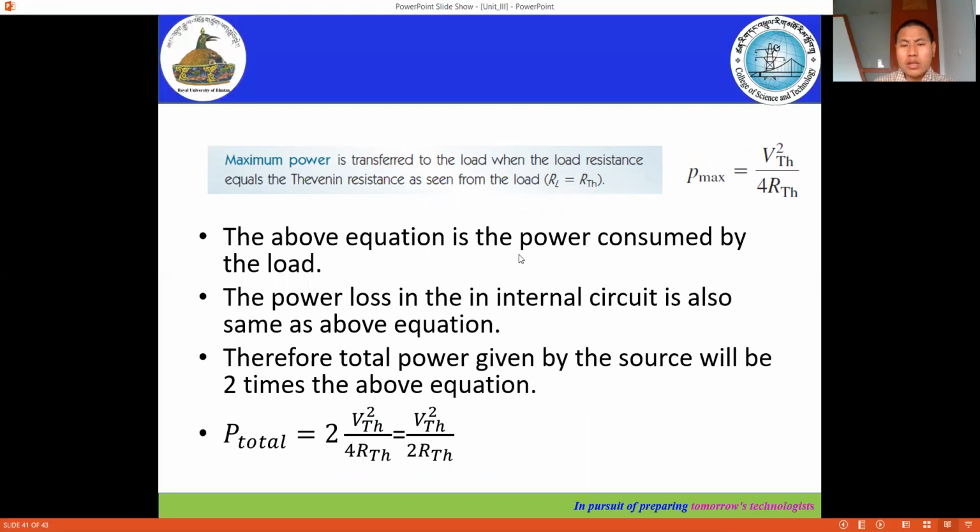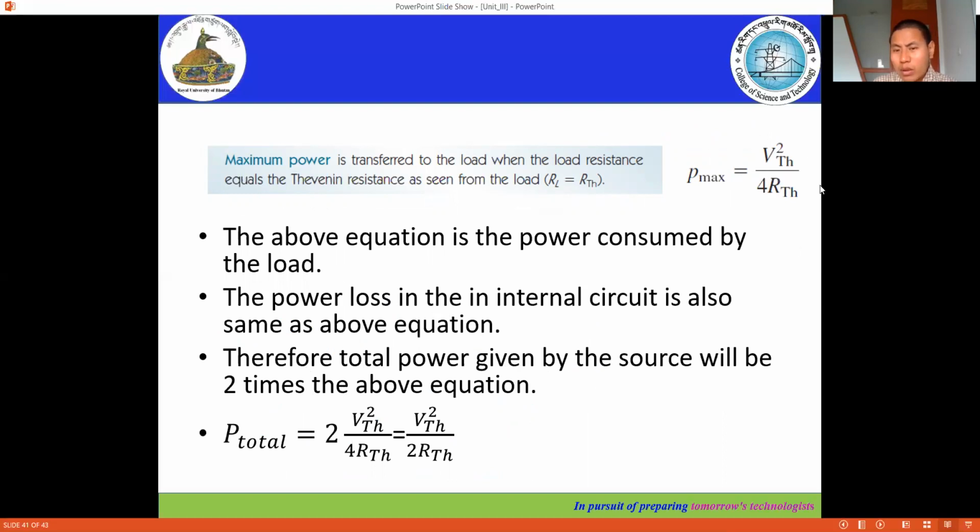The above equation is the power consumed by the load, or the power transferred to the load. Power is also lost in the internal circuit. Therefore, the total power given by the source will be 2 times the above equation.